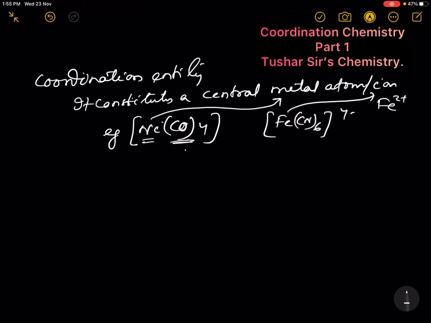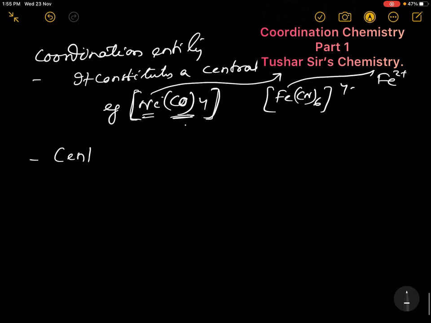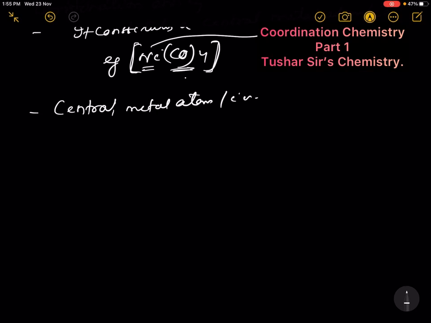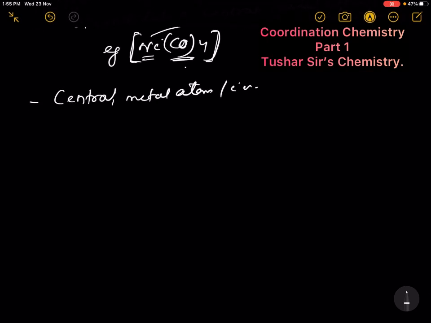Next, central metal atom or ion. You see in [CoCl2(NH3)4]+ the central metal ion is Co3+.